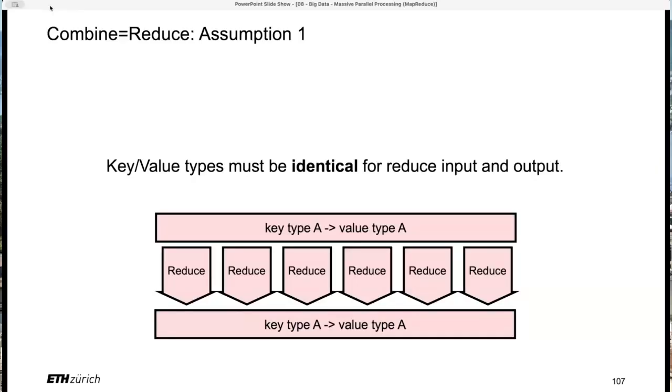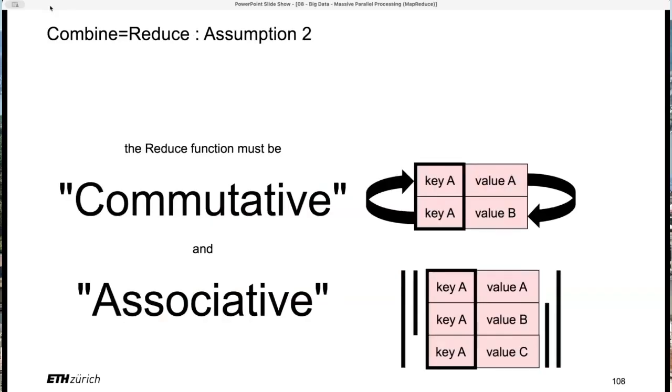When it is the case that the intermediate key value types are the same as the output key value types, which is very often the case, that's for example when you just aggregate the values, then that's the first assumption that you need to reuse the reduce function as the combine function. It needs to be basically from one set into the same set, right? You just process intermediate key values.